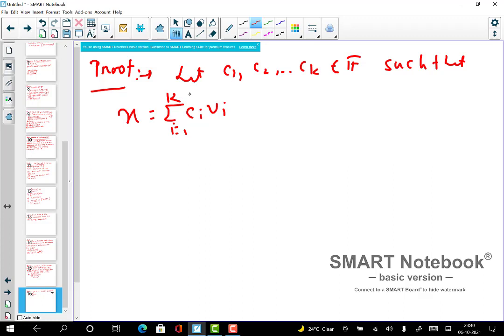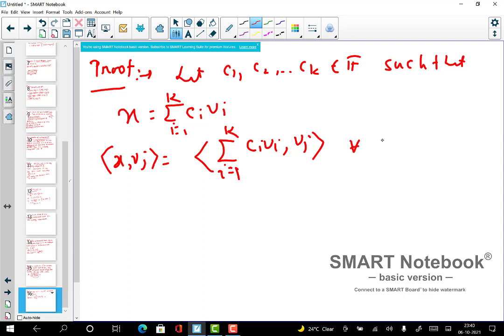Now if you choose any j, and you take the inner product of x with Vj, it will have this form: the inner product of the summation Ci Vi with Vj, where i is 1 to k. This is true for all j equal to 1 up to k. Now, using the property of inner product, this will be the summation of Ci times the inner product of Vi and Vj, where i is 1 to k.